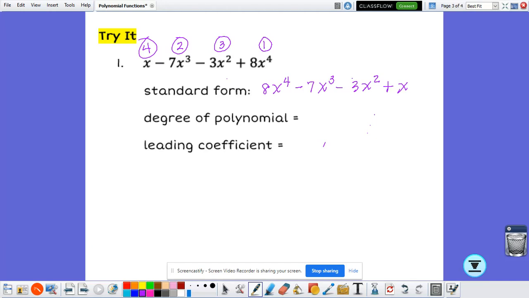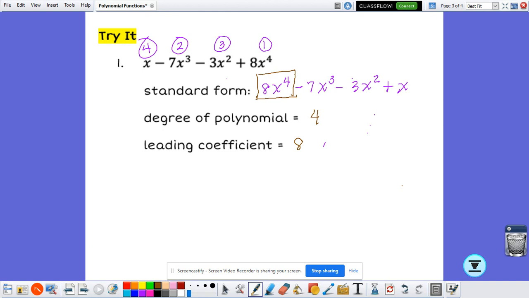So we have 8x to the fourth power minus 7x cubed minus 3x squared plus x. Okay, again, we are looking at the first term when the polynomial is arranged or written in standard form. So the degree of this polynomial is 4, and the leading coefficient is 8.